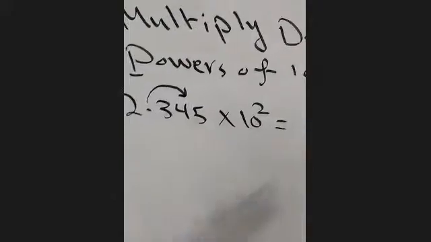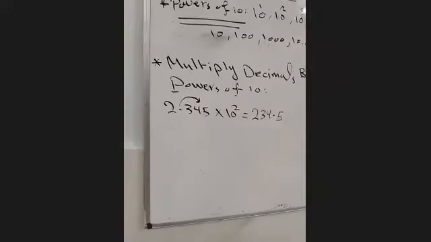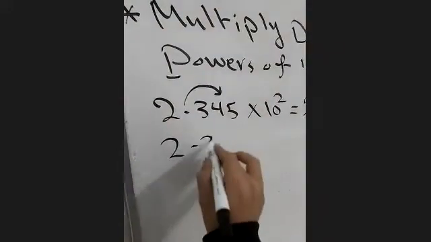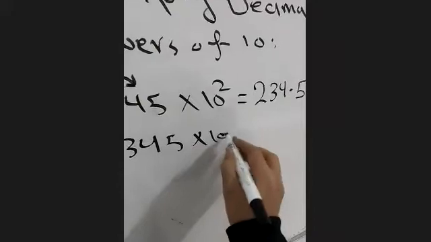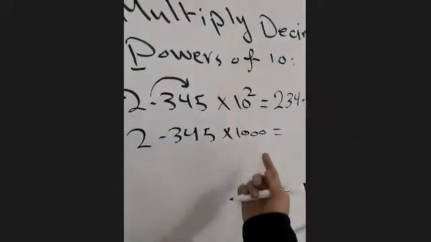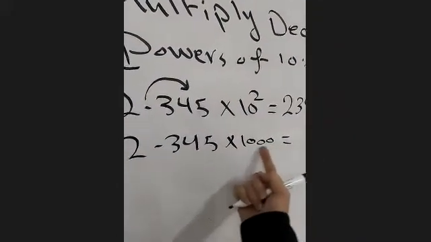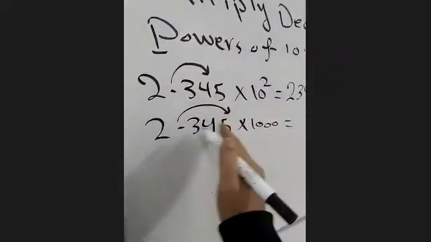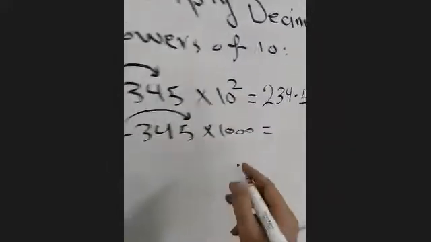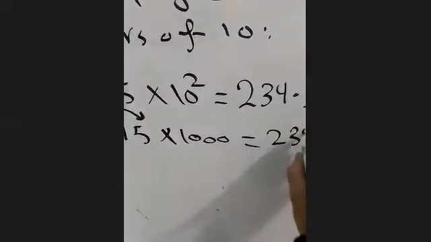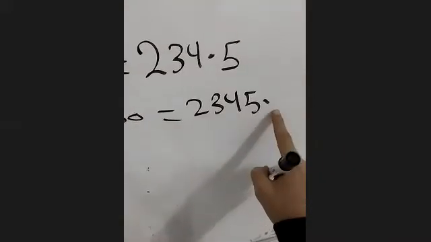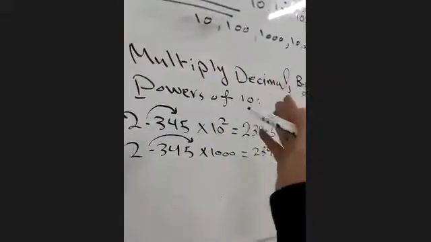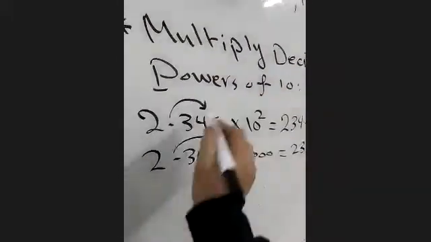So this answer will be 234.5. For example, 2.345 multiplied by 1,000. Here we count the zeros. We have 3 zeros, so we push the decimal 3 digits to the right, and the answer will be 2345. The decimal here has no need for it. So in multiplication of decimals by powers of 10, we go to the right.